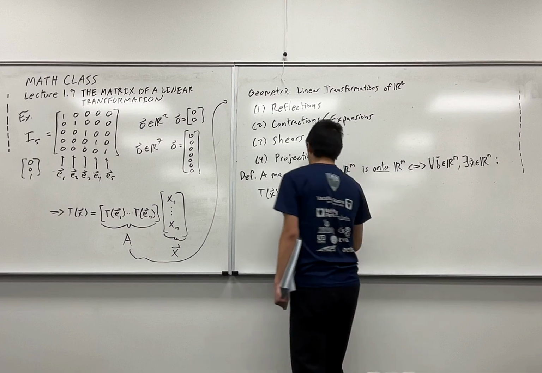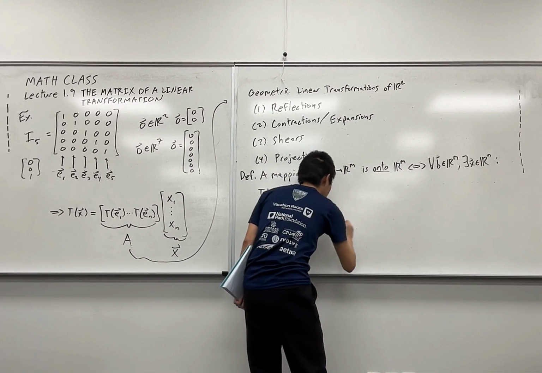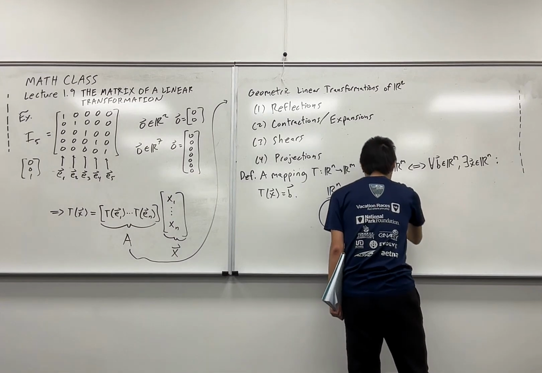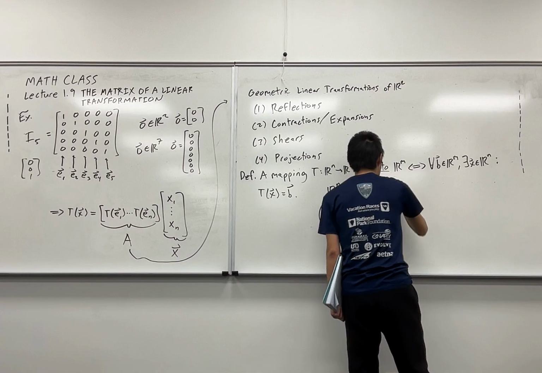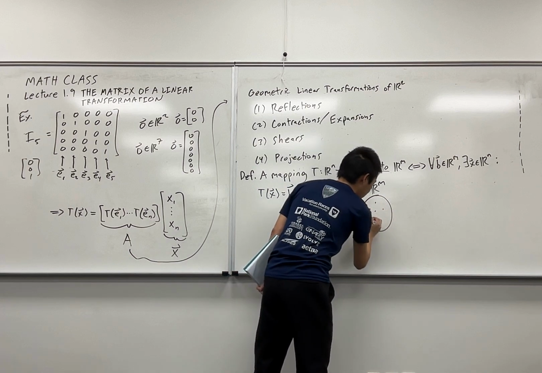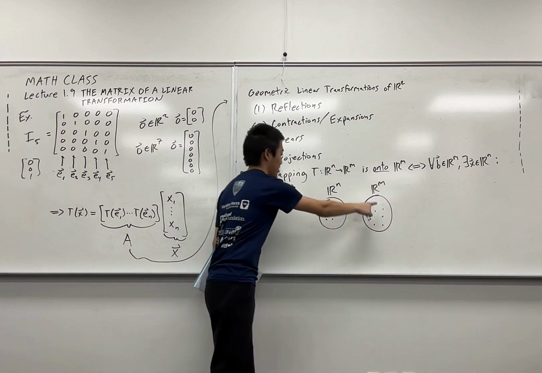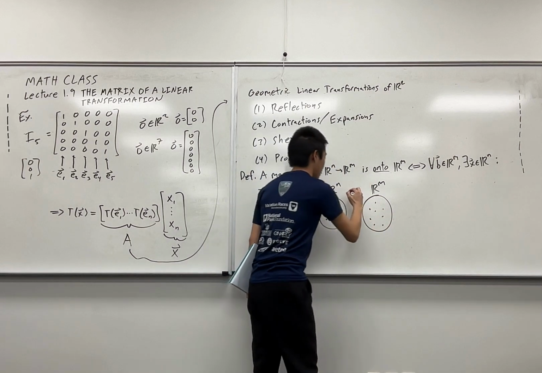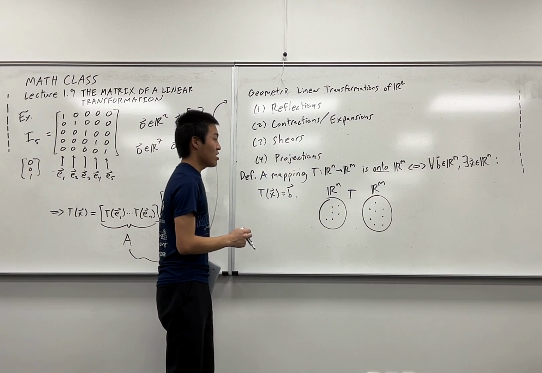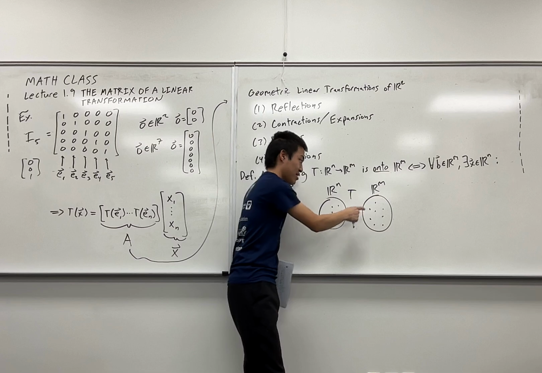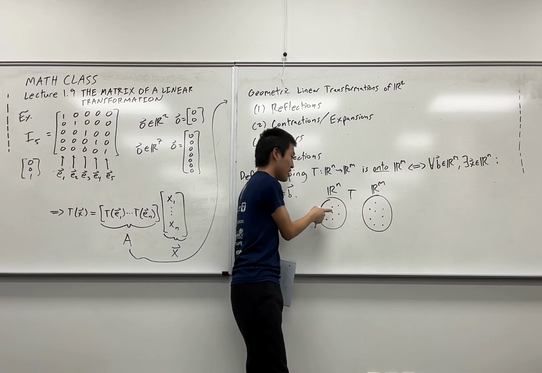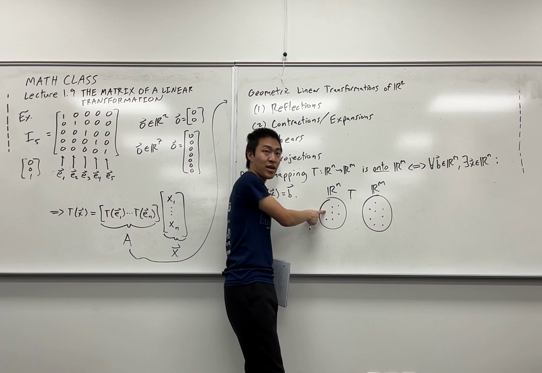I'm going to draw a little diagram here. Think of this space as Rn. Think of this space as Rm. So anything in these places, these are representing the vectors in there. And then T is going to be this relation between them. So to be onto, another way of thinking about it is, if there is an element over here, it has to in some way be linked and related to something in the domain.